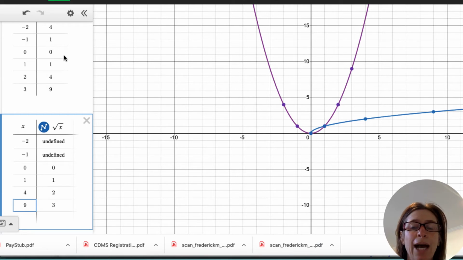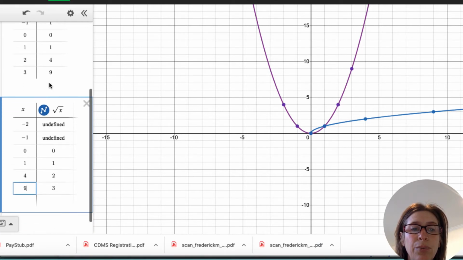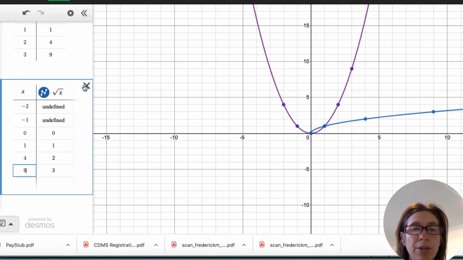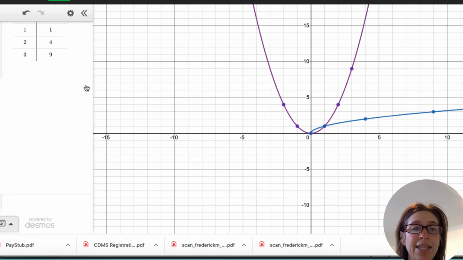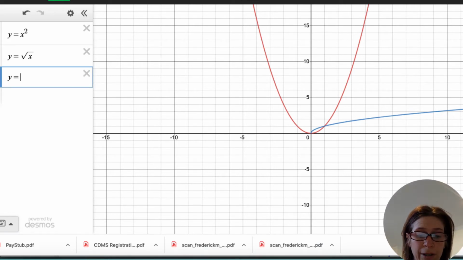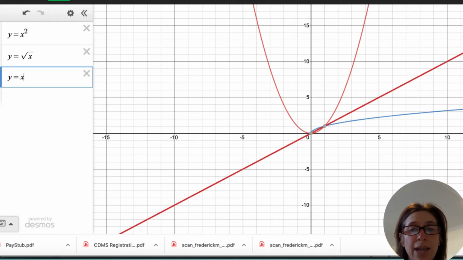All right, I'd like you to look at the graph now carefully. What do you notice about the graph of y equals x squared and y equals x? What I'm hoping you notice, and it might not be as evident, is that it's actually a reflection over the line y equals x.